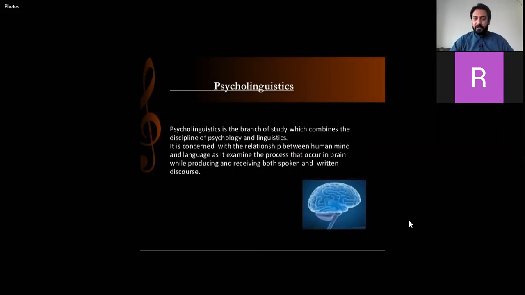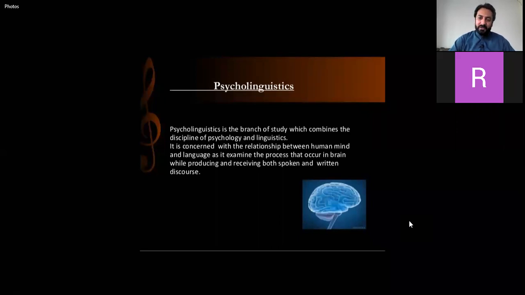So, psycholinguistics tells the relationship between human mind and language. It examines, it studies, and it focuses the process that occur in the brain while producing and receiving human language, whether it is spoken or it is written.